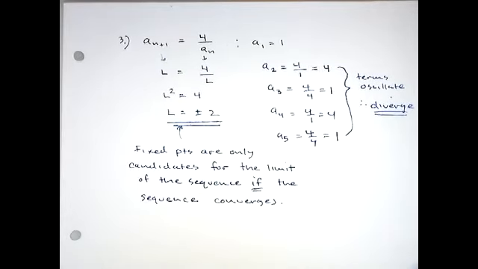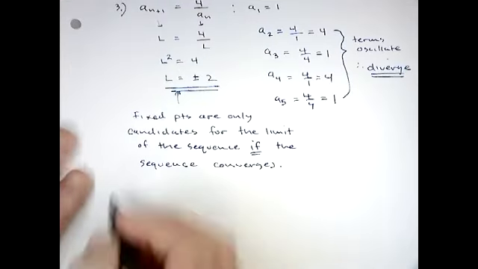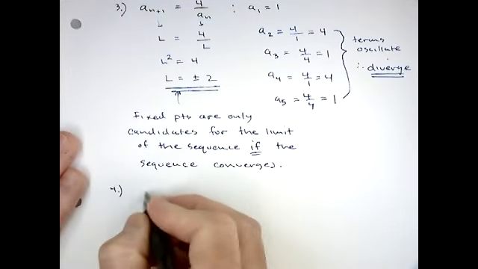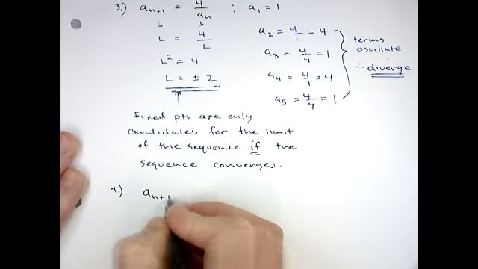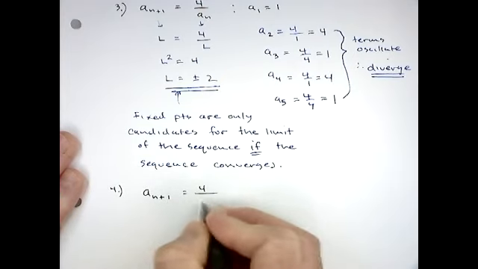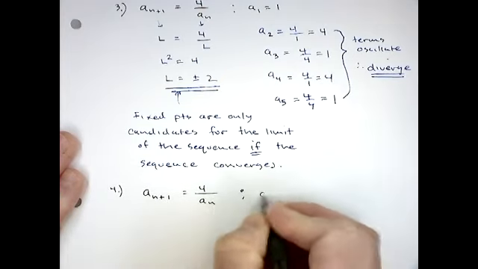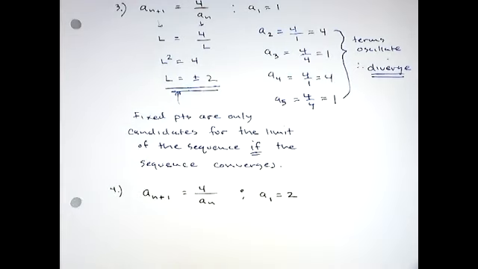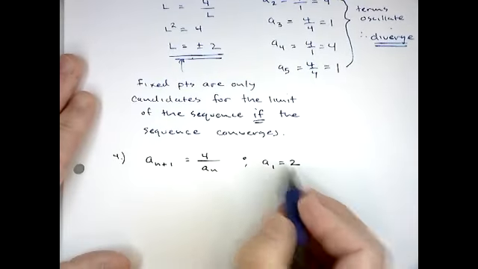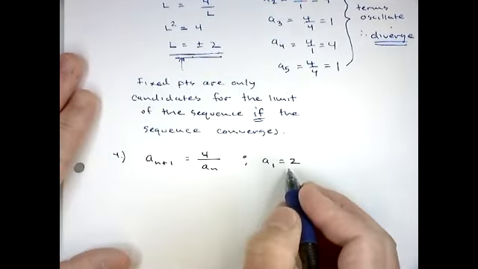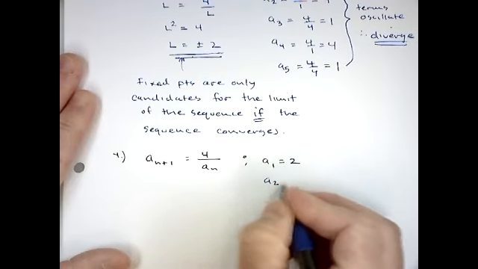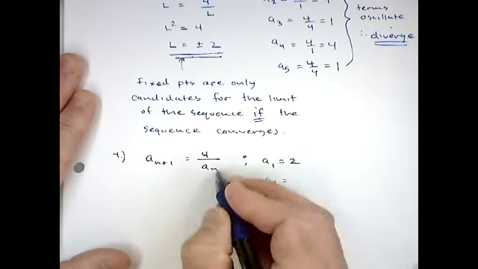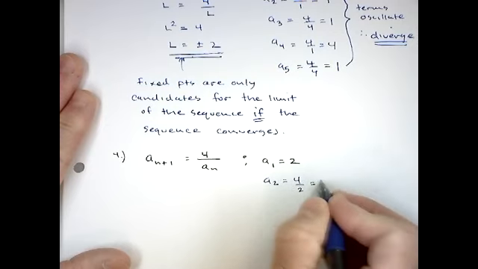All right, maybe one more example here. Let's say I had that same sequence, a sub n plus 1 equals 4 over a sub n, but this time I started with my first value being 2. Well, we already know our possible fixed points are plus or minus 2. Now look what happens here. What's a sub 2? You would plug that in. 4 over 2 gives me 2.